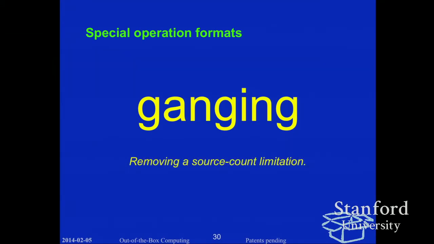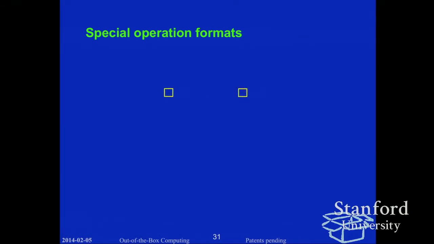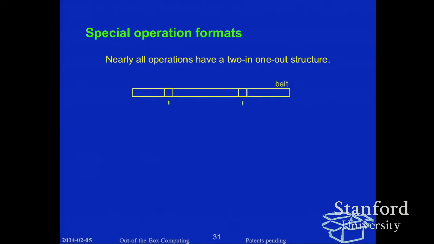It removes a source count limitation, which is present on essentially all machines. Architectures are designed to optimize the common case, and the common case is that you have operations that are 2 input and 1 output, like an add. And consequently, there are data paths to feed functional units which carry 2 data in and 1 data out. So nearly everything has that kind of structure.